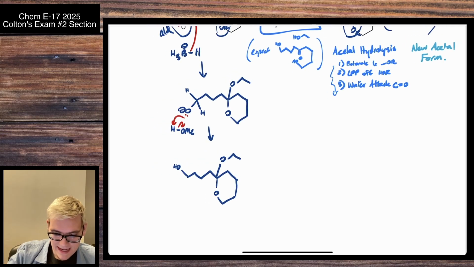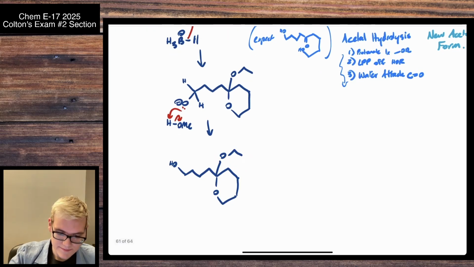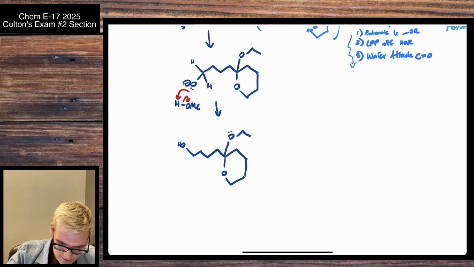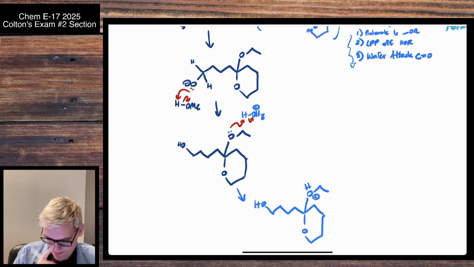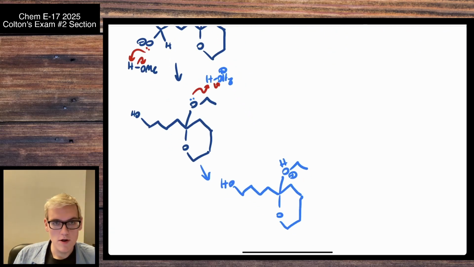So I know I'm going to be kicking off this thing, so let's protonate that to get that ready to leave. So I'm going to have this go and grab from H3O plus. We've protonated one of our ORs.